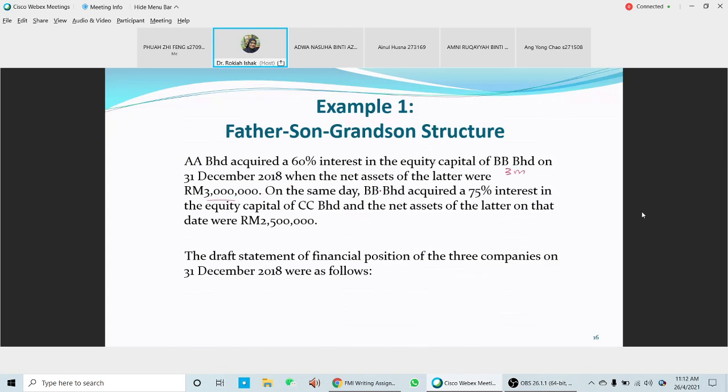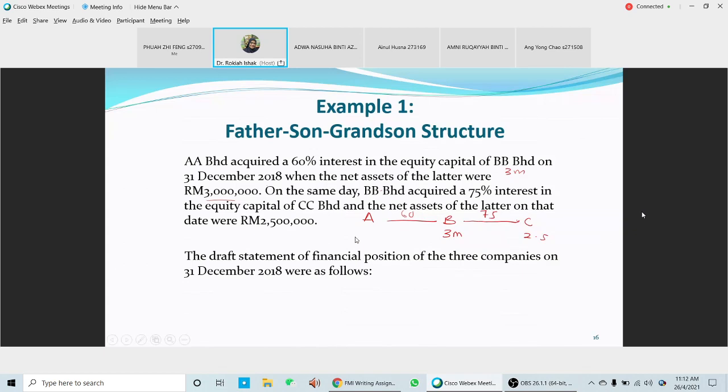On the same day, B acquired 75% interest in the equity capital of C, and the net assets were 2.5 million. So A acquired 60% interest in B, whose net assets were 3 million. And then after that, B acquired C, whose net assets were 2.5 million. So this one is 75% and this one is 60%.